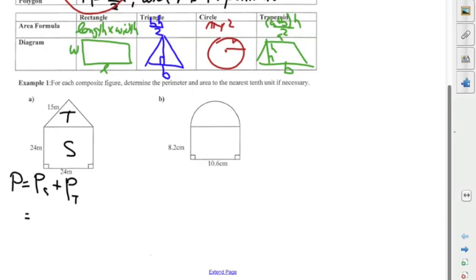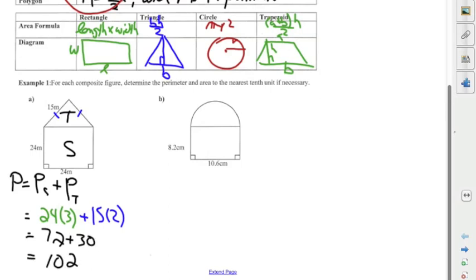What's the perimeter of the square that's on the outside here? 24 times 3. Yeah, so we got 24 times 3, because there are only 3 sides exposed. And then for the triangle, we got 15 times 2, since these are supposed to be the same side lengths. So 72 plus 30 is equal to 102.